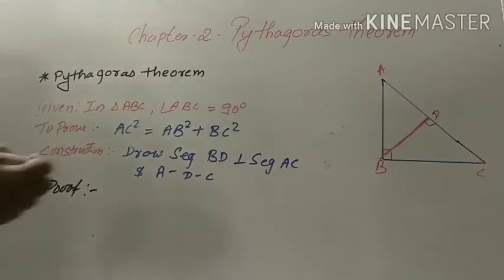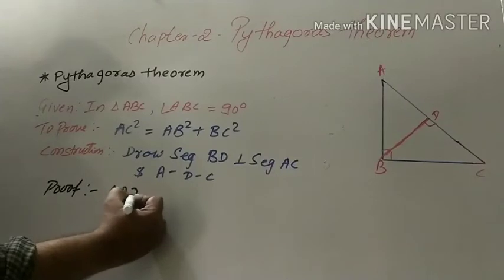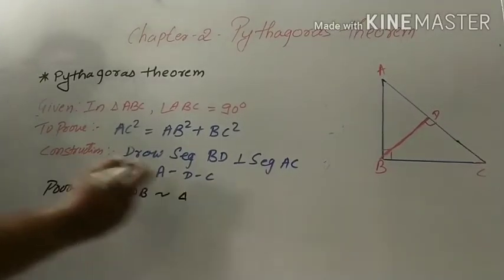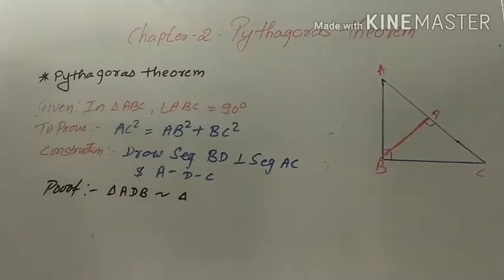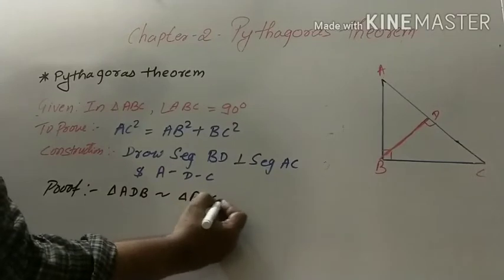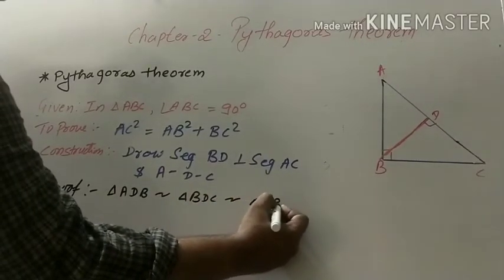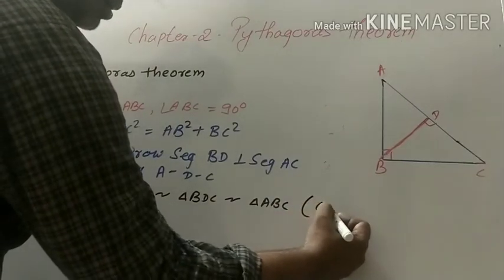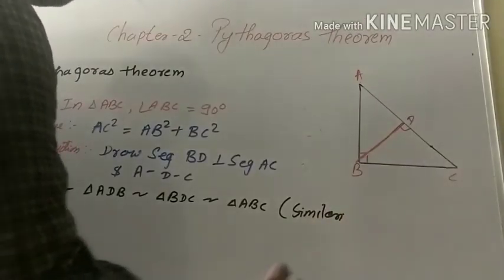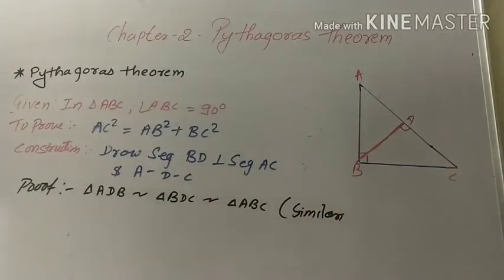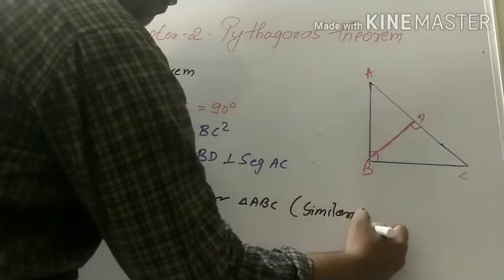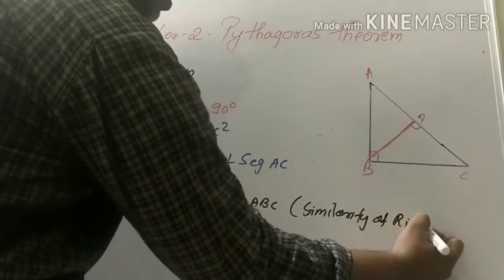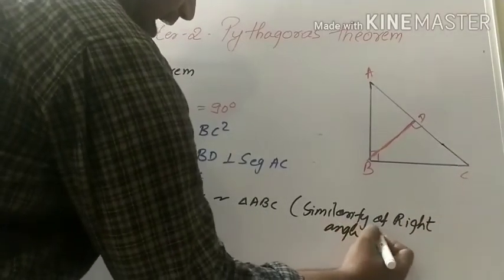Proof. Triangle ADB similar triangle BDC similar triangle ABC, by similarity of right angle triangle.